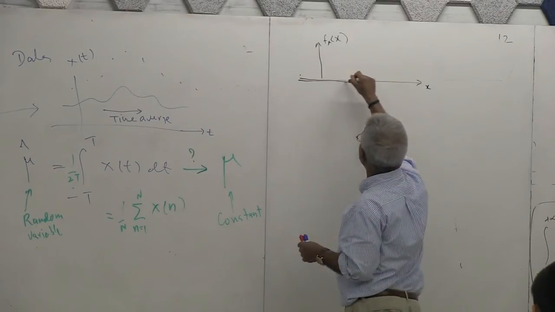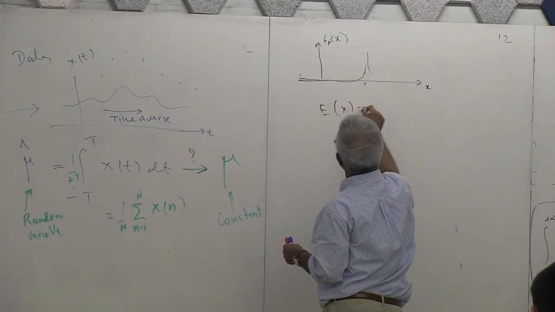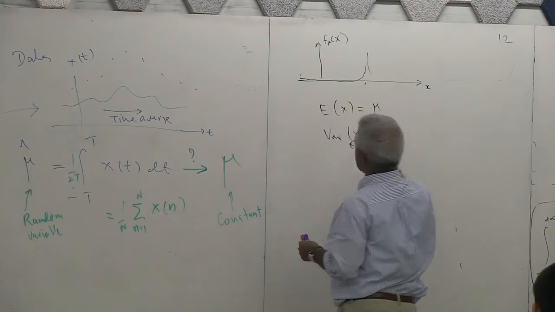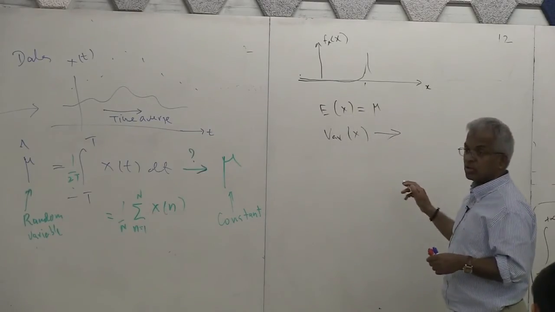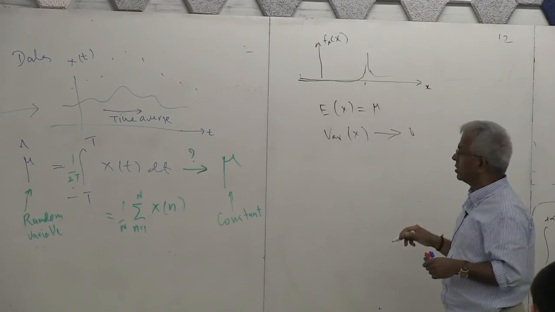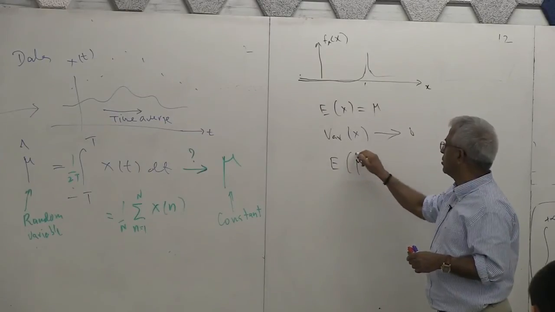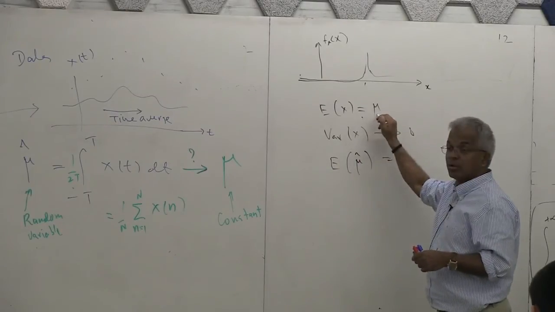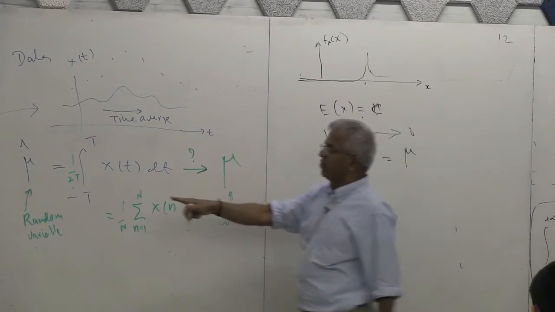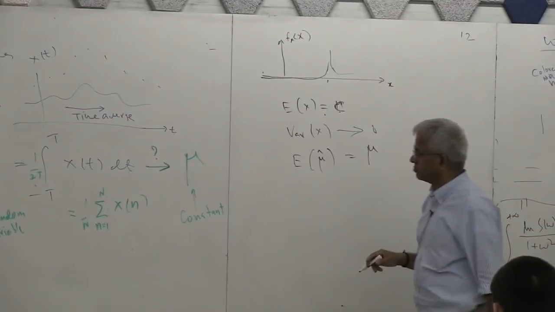You could say that the expected value of the random variable, of course, is b, and the variance of the random variable should tend to 0, so that it begins to look like a constant. So we want the expected value of this quantity to be that constant.